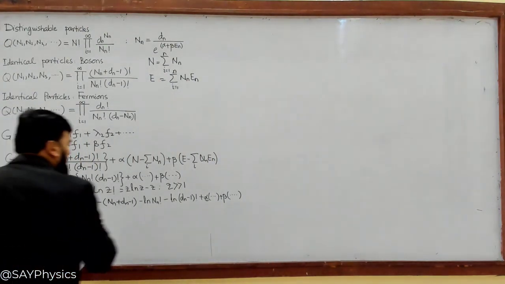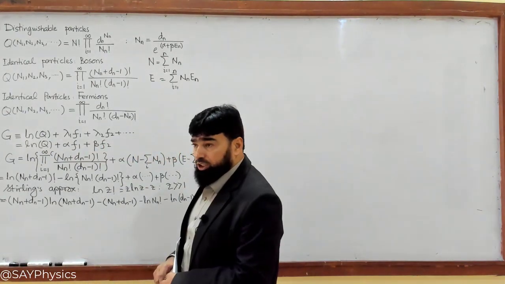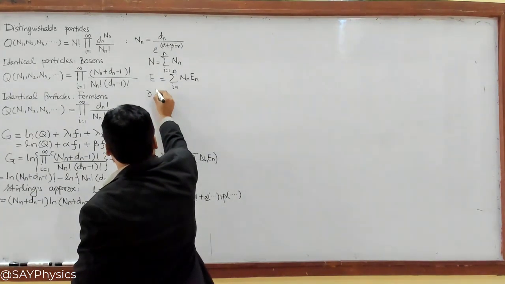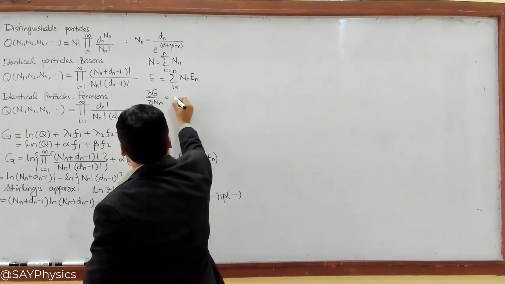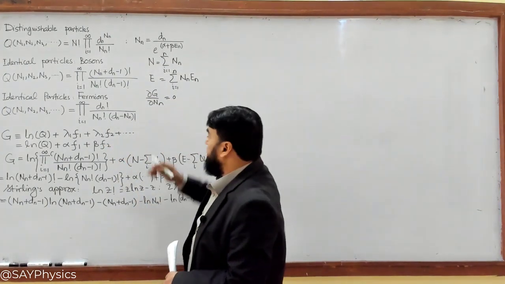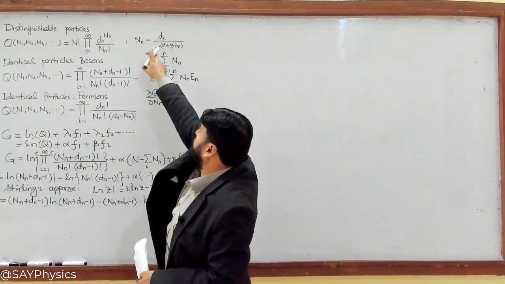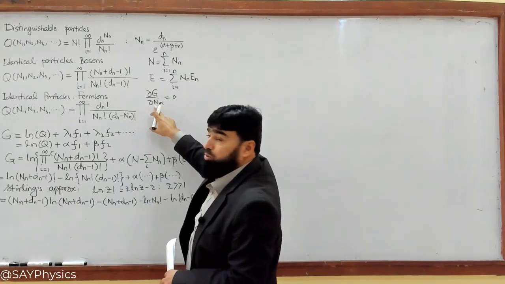Now if I look here, what I'm interested in is finding the value ∂g/∂nn equal to 0. Means I will differentiate this g finally in order to have such a relation, and this is with respect to nn.